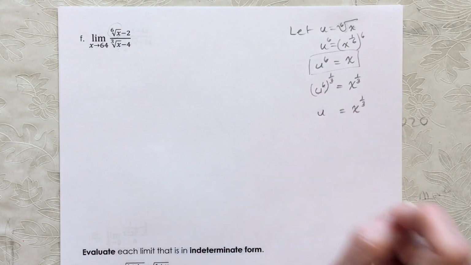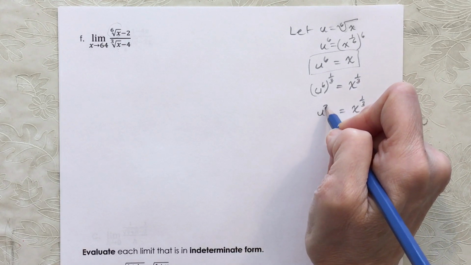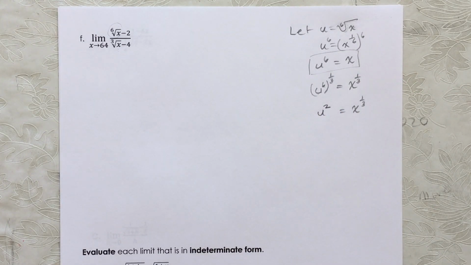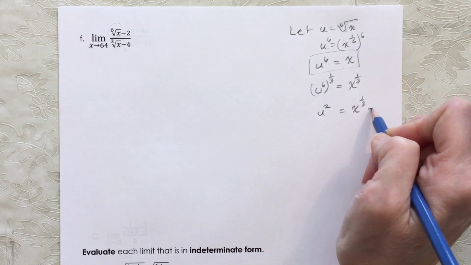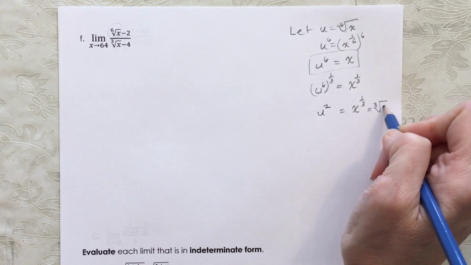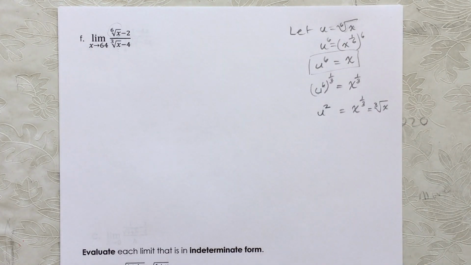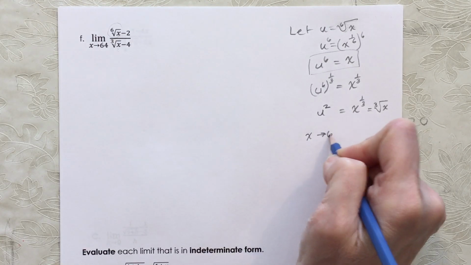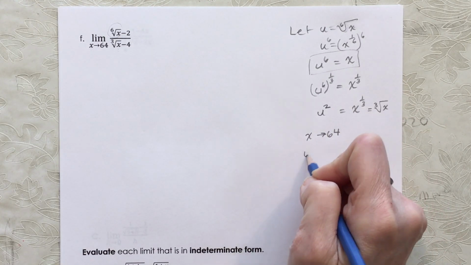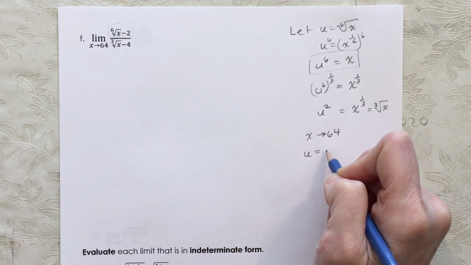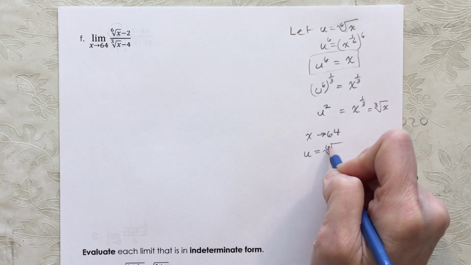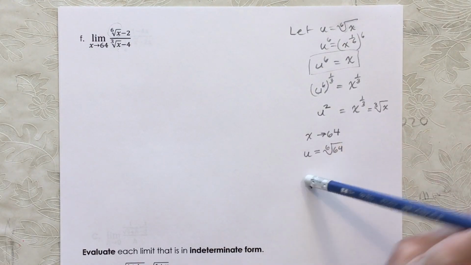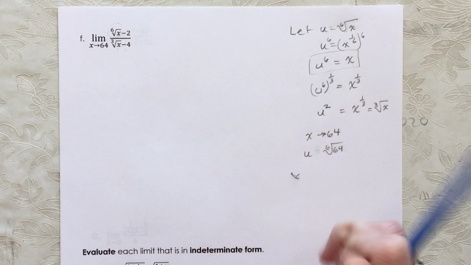So 6 times 1/3 is 2. So the 3rd root of x is u squared. Remember that x to the 1/3 is the same as the 3rd root of x. So those are all equal. And then as x approaches 64, u is going to approach the 6th root of 64.